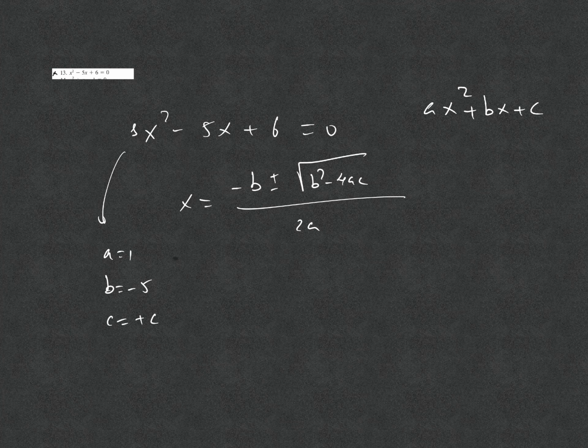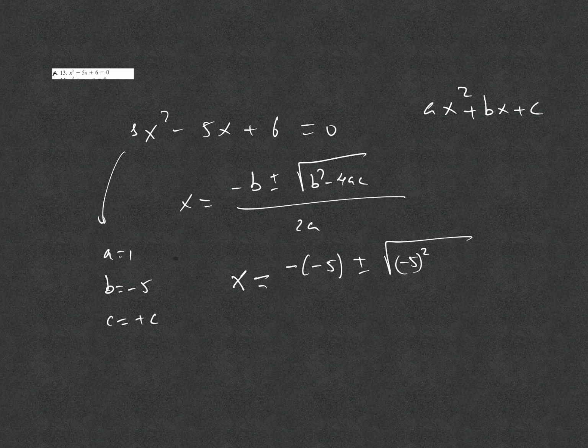So what is the solution? Quadratic equation. So x means that there are two solutions here. Minus b, minus minus 5, plus or minus the square root.